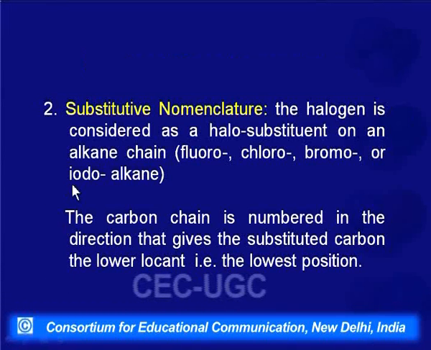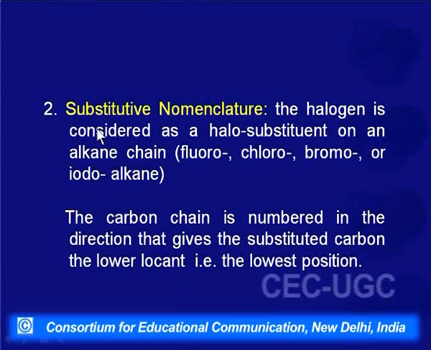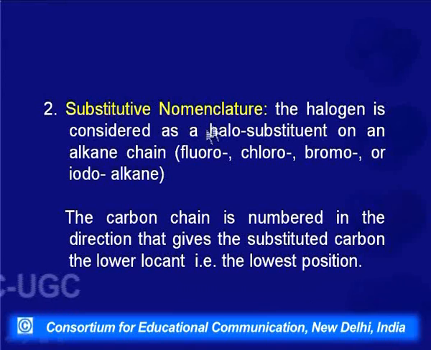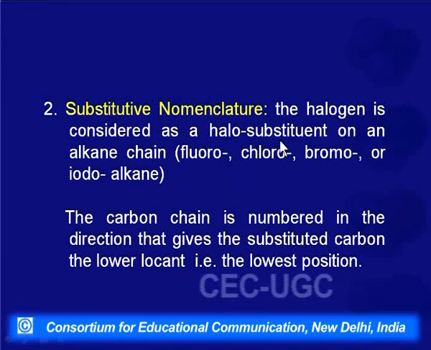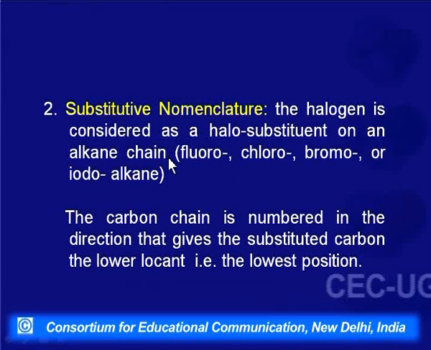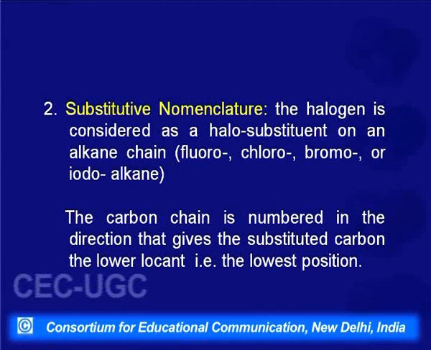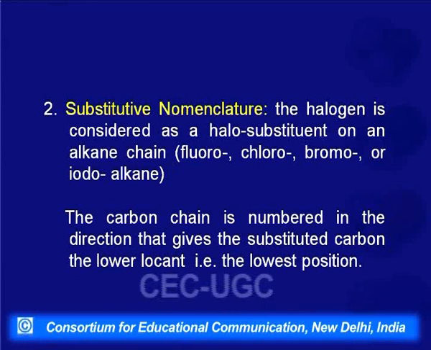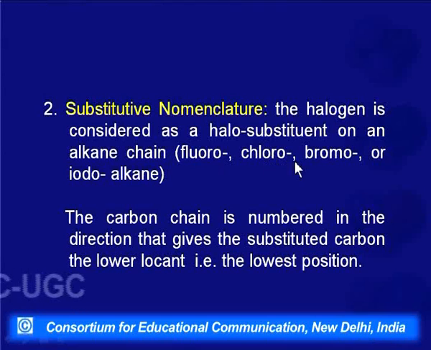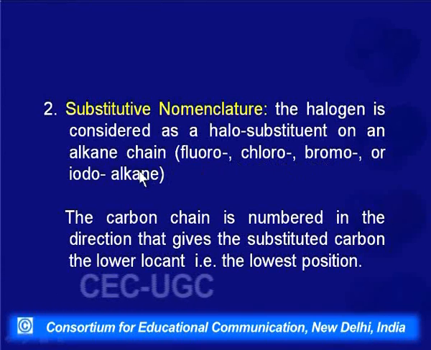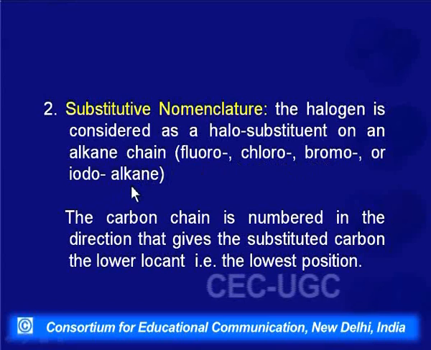The other way we give names to alkyl halides is substitutive nomenclature. Here the halogen is considered as a halo substituent on an alkane chain. So if it is a substituent, we have to name it as a prefix, and we call it fluoro, chloro, bromo or iodoalkane.